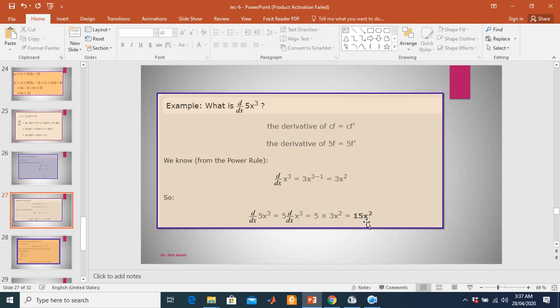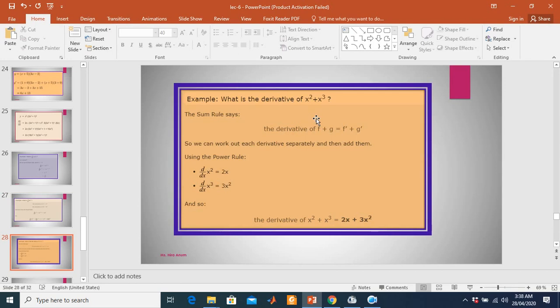It becomes 15x square. We can multiply c equals 5 with this, or take 5 out from the d over dx: 5 d over dx x cube equals 5 multiplied by 3x square equals 15x square.